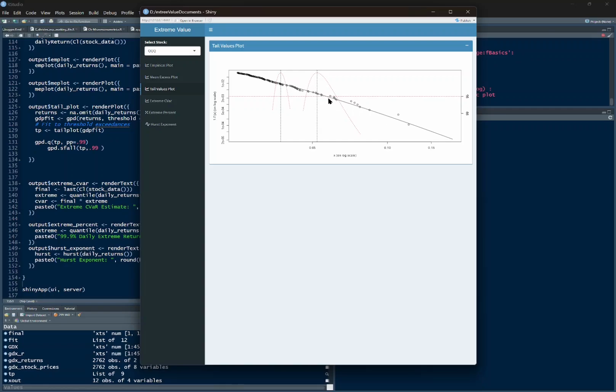Most of the data falls within the 99% bandwidth. There's a few that lie outside. The 95% bandwidth starts at about 5.5%. The extreme extends to about 7.3%, which we will see in the next section.